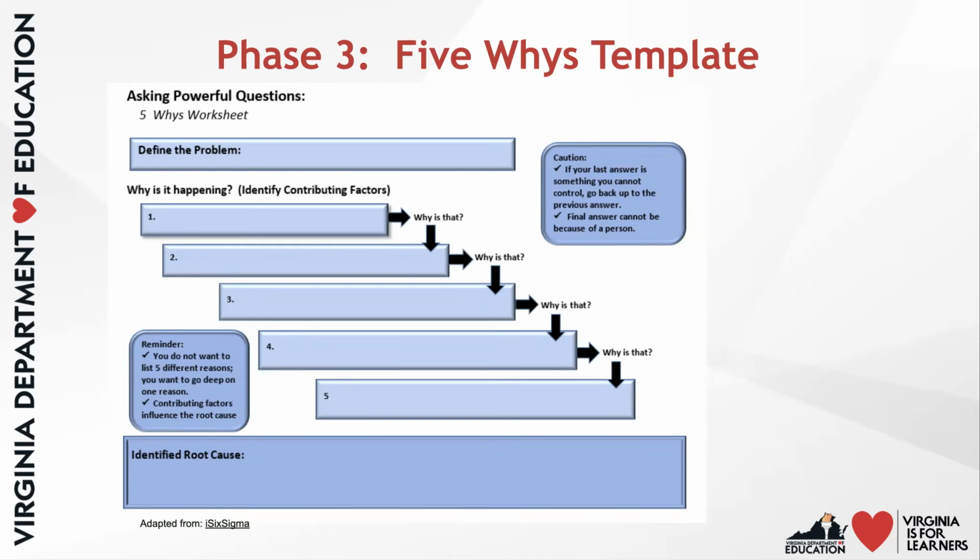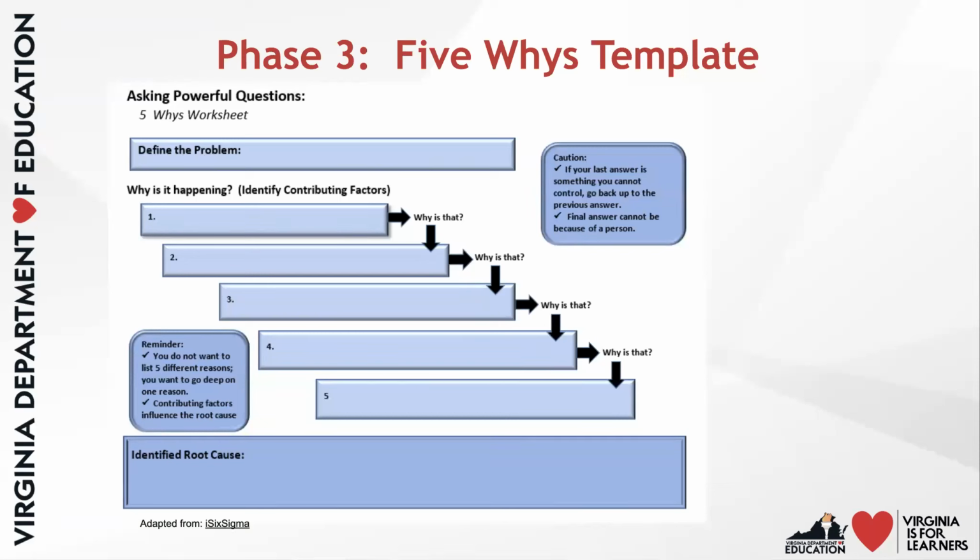A second resource that is included within the CNA is the 5 whys. The 5 whys is a simple brainstorming tool that can help teams identify or dig deeper within the identified root cause or problem. Once a general problem has been recognized, either using the Fishbone diagram or another tool, ask why questions to drill down to the root cause.